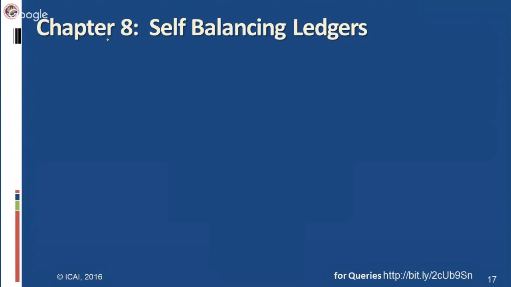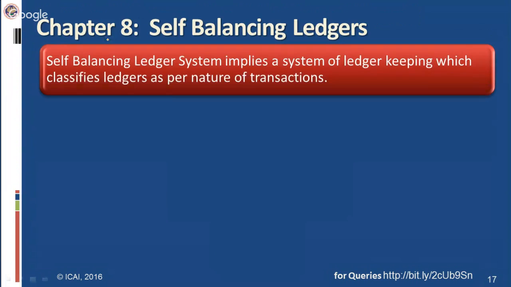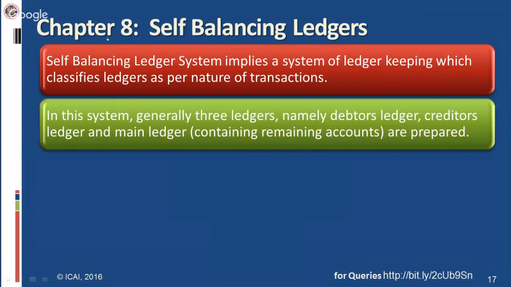One particular student has specifically asked for GLA, general ledger adjustment. I will try to explain this. What exactly is the self-balancing ledger system? A self-balancing ledger system implies a system of ledger keeping which classifies ledgers as per the nature of transactions, like sales ledger, purchases ledger.